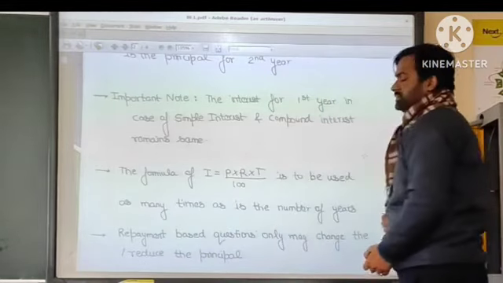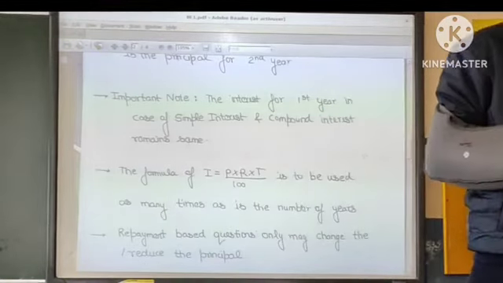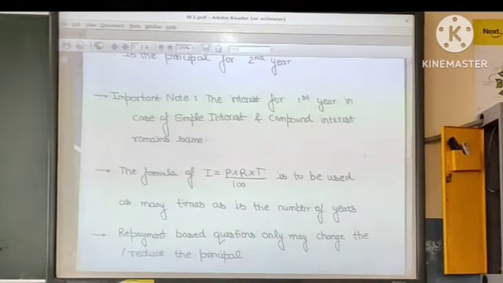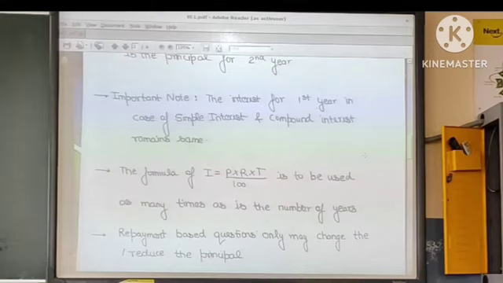Then there are repayment based questions, which will come to you later. What are repayment based questions? Sometimes we borrow money, and after some time we pay some money back to the bank early. What happens then is that our principal will decrease.